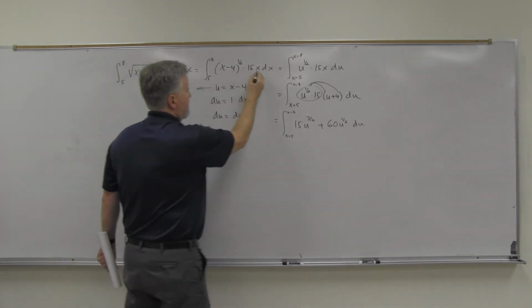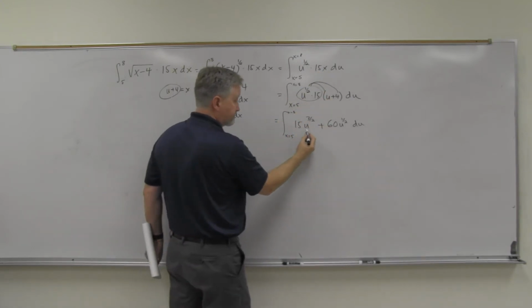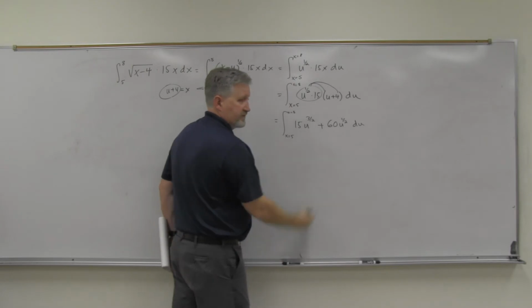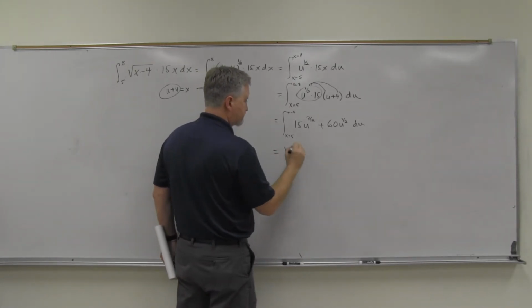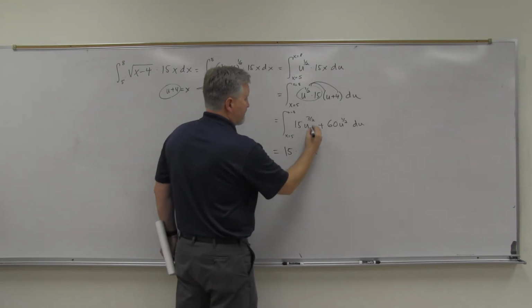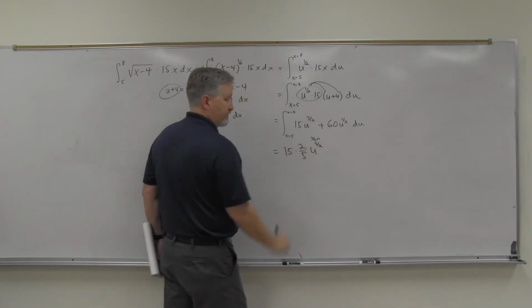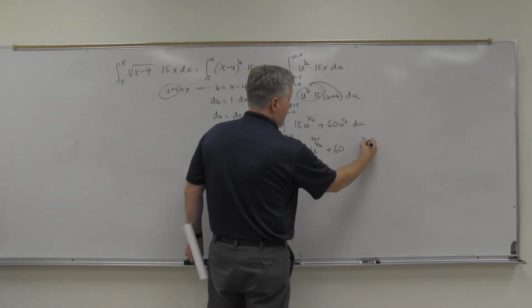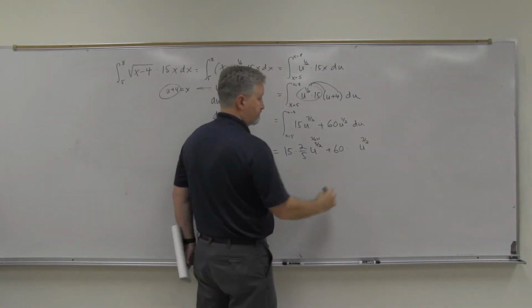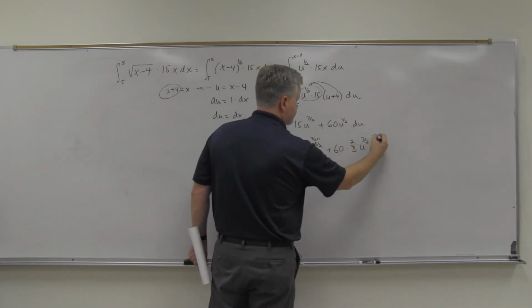This times this, this times this. Now I don't have times. I just have this plus this. So that I can do the antiderivative. Let's see, the new power would be 3/2 plus 1, 5/2. So don't forget to multiply that by 2/5. This would be 60. The new power would be 1/2 plus 1, 3/2, and so do have to multiply by 2/3.